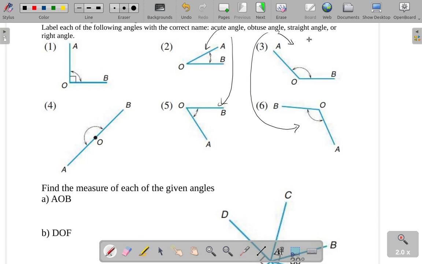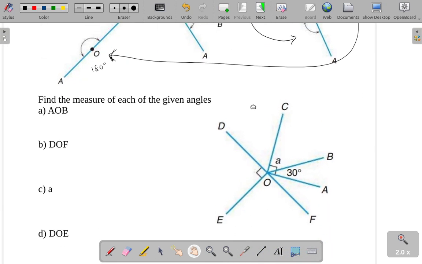A straight angle is sometimes what we call something that isn't an angle at all. You could think of it as a 180-degree angle, but like I said, it's not really an angle at all. And then a right angle, conveniently, is right next to where it says right angle. So that is the 90-degree angle.